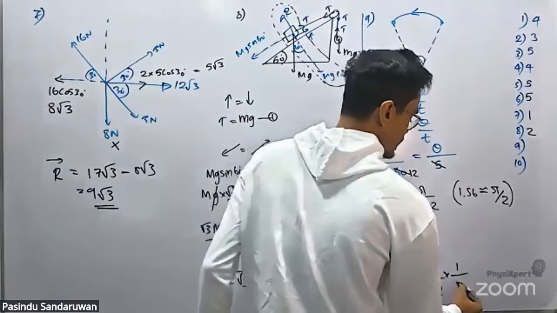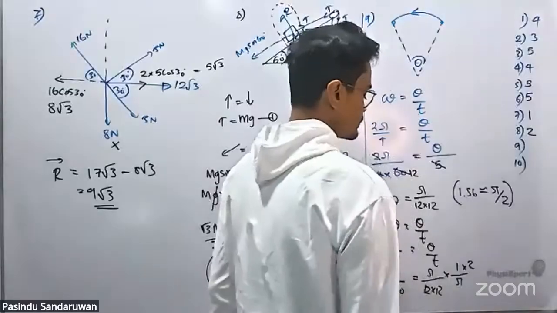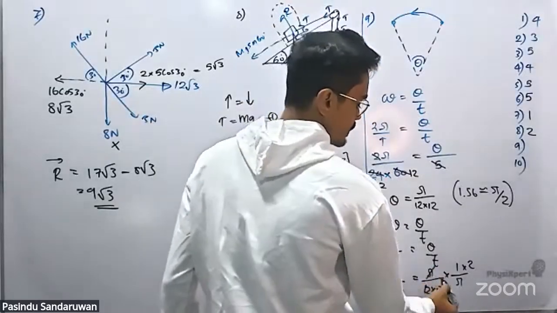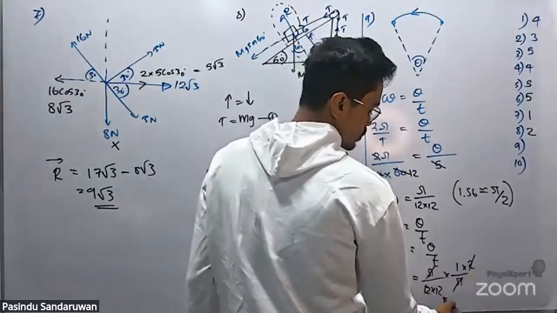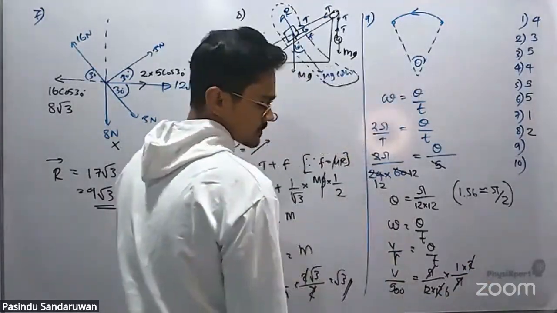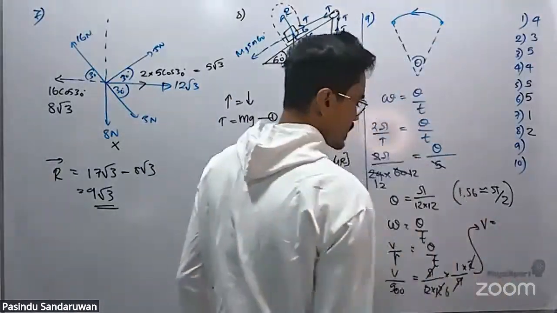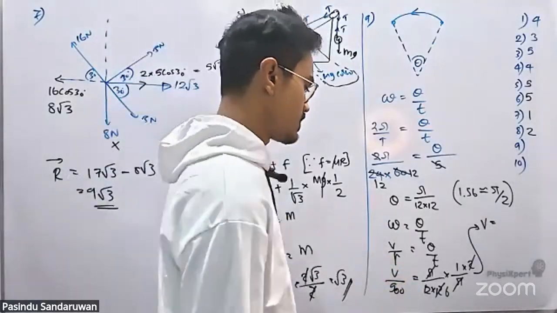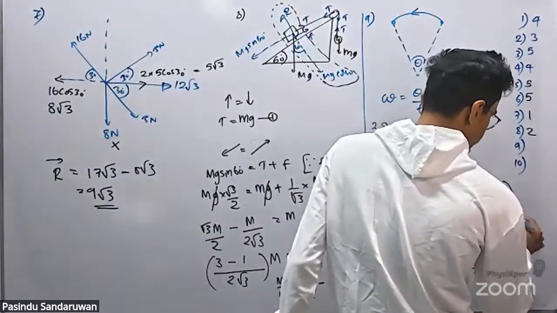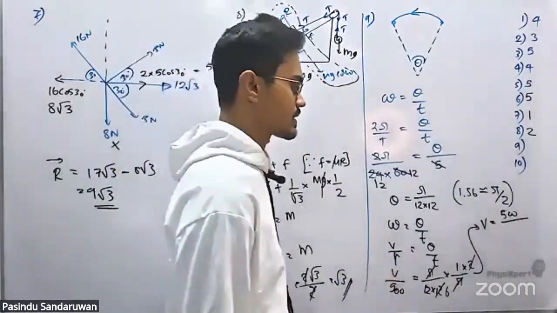Then t here is 5 over 2, that 2 comes here. So 5 to 5 cancels. What else cancels? 2 to 12 cancels, 6. Then V equals 500 over 12 times 6.